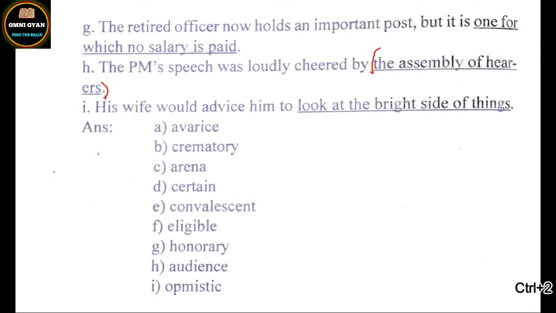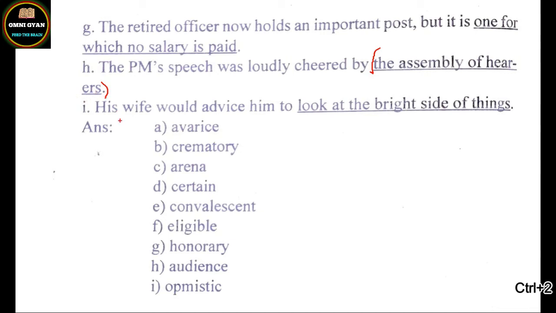Did you notice one thing, students, that some of the questions are repeated, but they have been repeated in an indirect way. Answer is same, but the question has been written in a different way. So the assembly of hearers, when there's a gathering somewhere and that gathering is watching something, okay, that is called what?